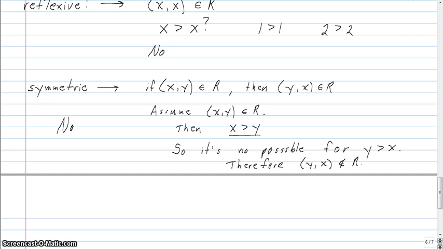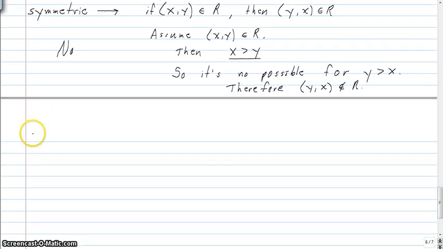Now remember, most of the time, if we have a relation that is not symmetric, that means that it should be antisymmetric. So let's look at antisymmetric. Is the relation antisymmetric? I could put a question mark there.